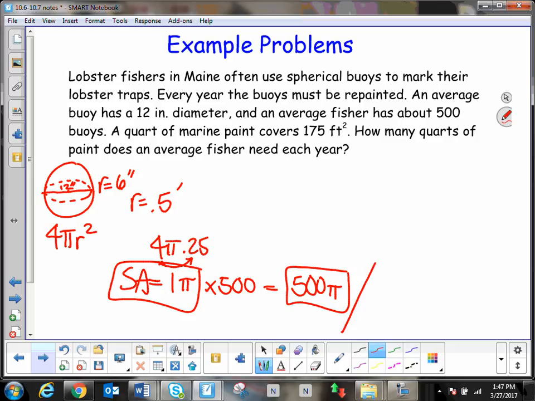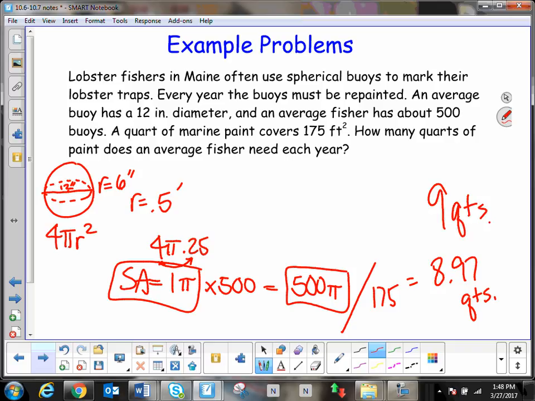What do we get? 5.97 of a quart, right? So you want to just go ahead and round up. How many quarts are we going to need? 6 quarts.